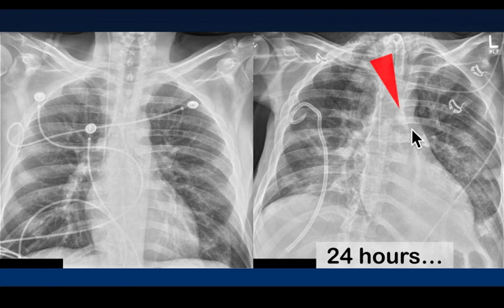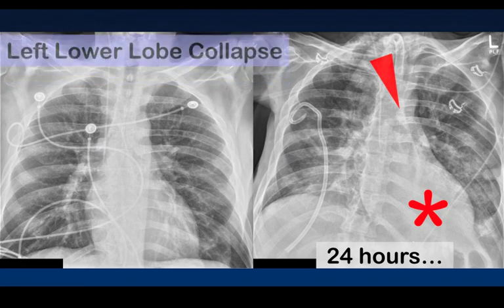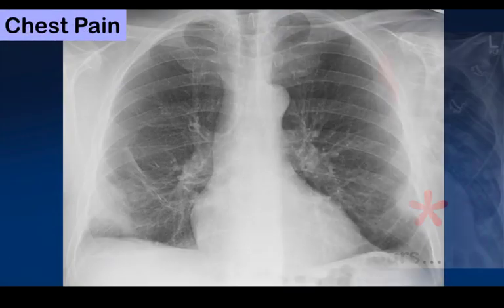Here's the anterior junction line, which is being displaced toward the left. Here it is in normal position, suggesting that most of the opacity we're seeing in the left lower lobe represents atelectasis, perhaps secondary to aspiration. So the triangle sign is very useful, as it is a signpost toward lower lobe atelectasis.